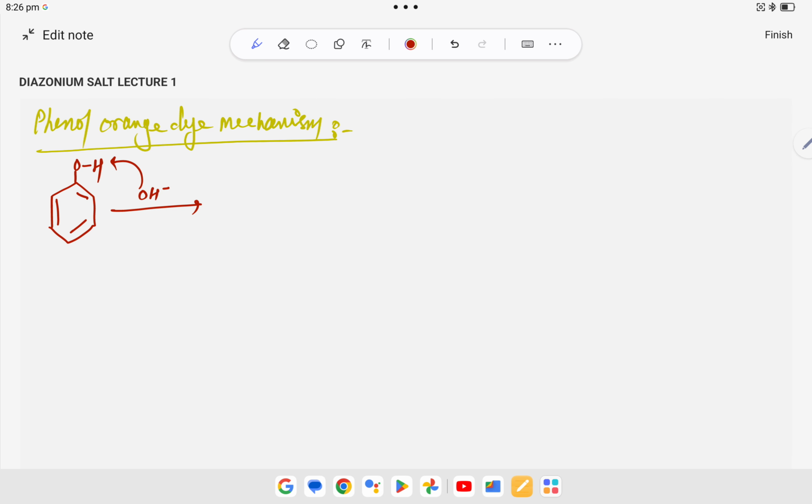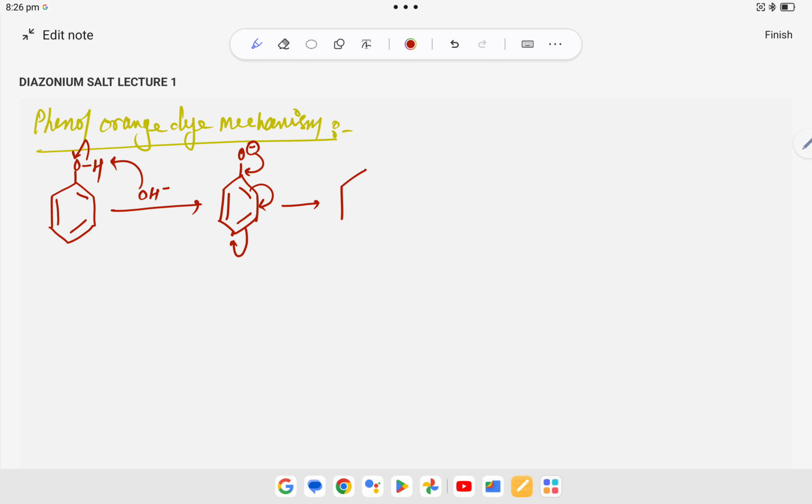OH minus approaches the H and hydrogen electron shifted on the oxygen. So as it is, oxygen is having negative sign. Now oxygen electron shifted here. So these electrons shifted here, these electrons shifted on this carbon.